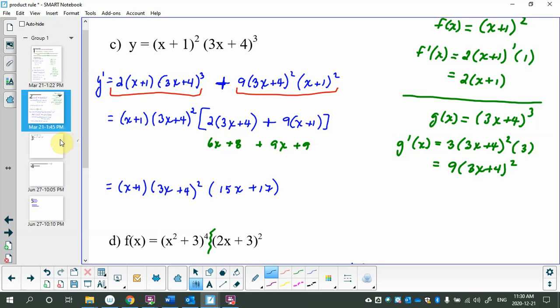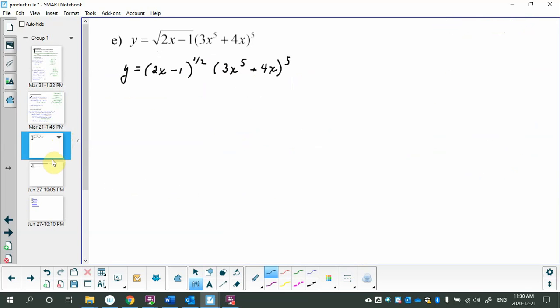So attack this as it's delivered, and that is slower than you might like, but hopefully a comfortable pace. So no f of x in the original, so I'm going to call the first bit f of x, which is (2x minus 1) to the half.